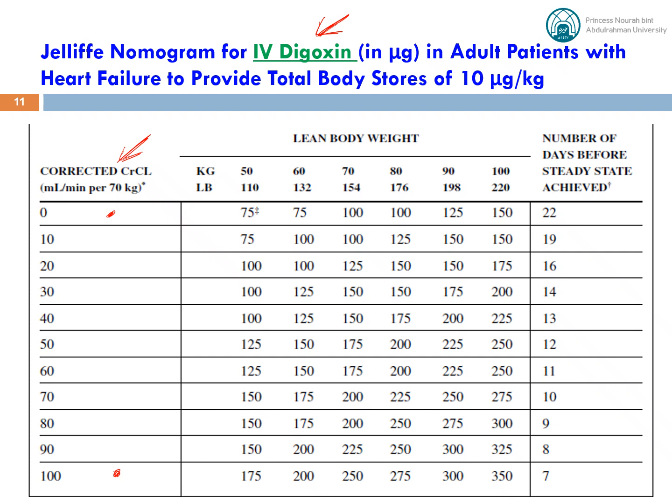The larger values for corrected creatinine clearance indicate proper kidney functionality, proper renal clearance, and we have mentioned that digoxin is mainly eliminated through the renal route.